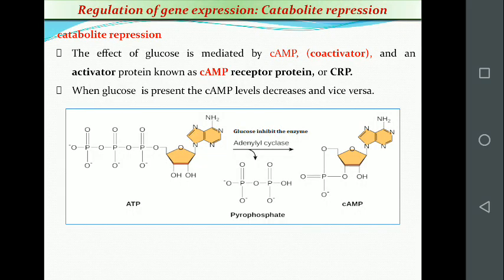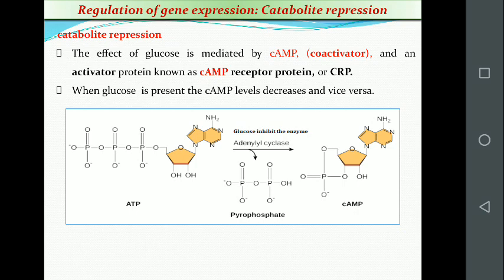And so here is the very simple doubt that may come to our mind when we discuss catabolite repression. How is the organism going to sense the presence or absence of glucose, and then how is that going to repress or activate the lactose operon?